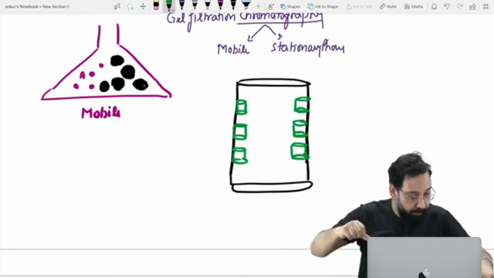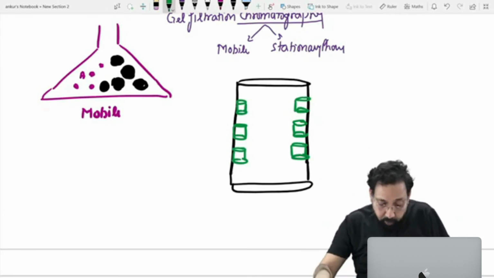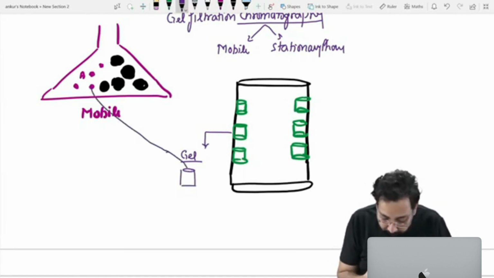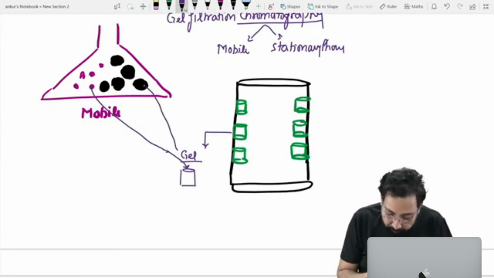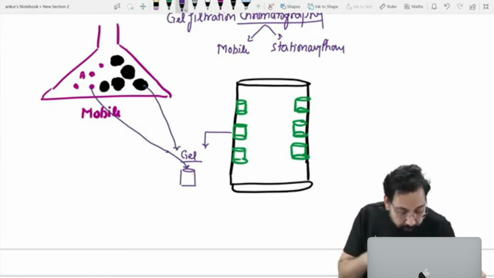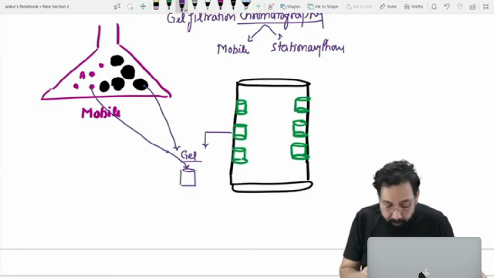We took this gel in such a way that the small protein can enter the gel but the large protein can't enter. You can easily assess that small protein will enter and large protein can't.